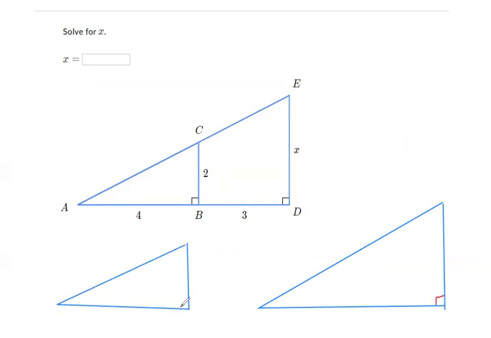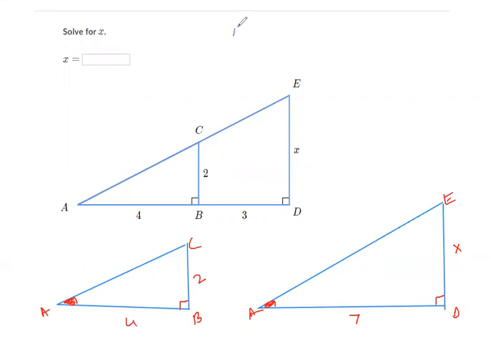So this is 90, this is 90, so that's A, that's B, C, that's A, D, E. This is 2, this is 4, and AD was 4 plus 3, 7, that's X. The angle A right here is the same as angle A, and D and B are 90 degrees, so they are similar by angle.